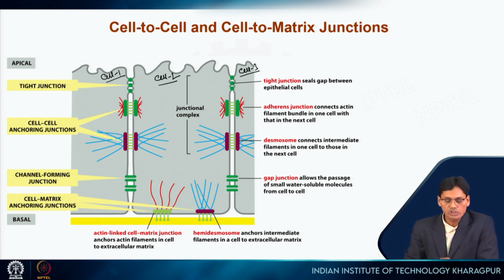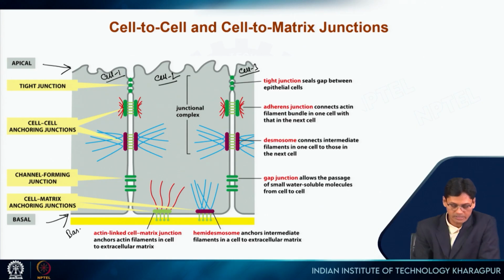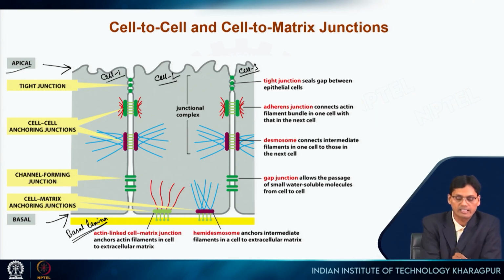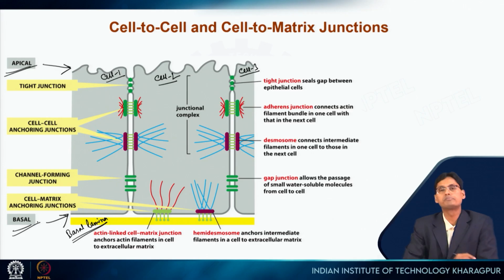If you see cell 1 and cell 2, this side is the apical side and the other is the basal side, which is attached to the basal lamina. So this is our basal lamina, this is the apical side, and this is the basal side.